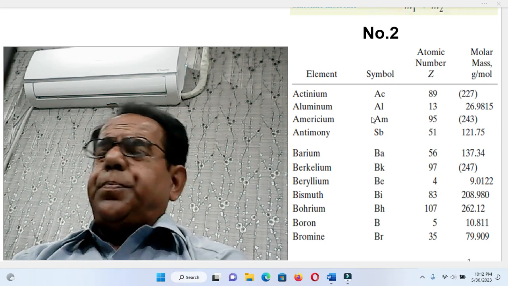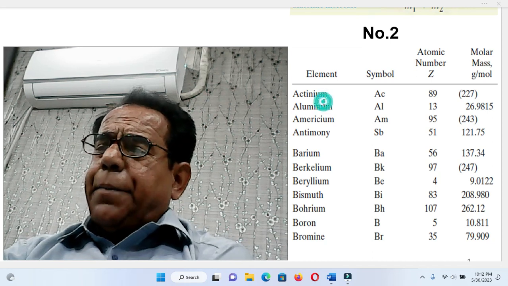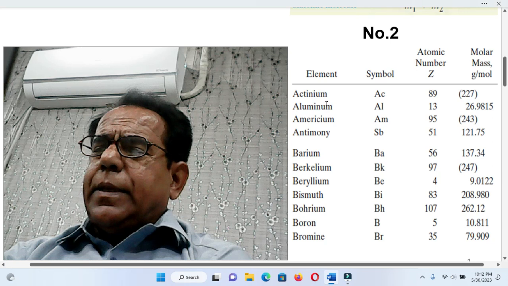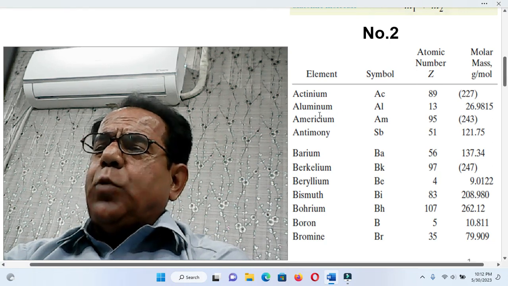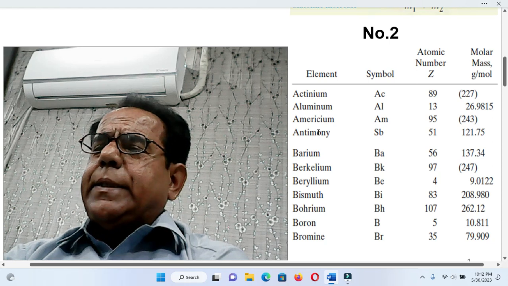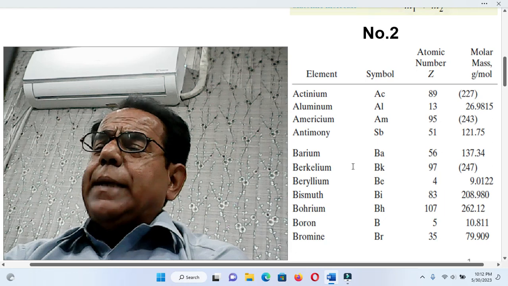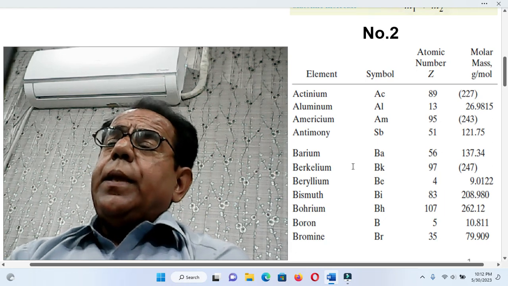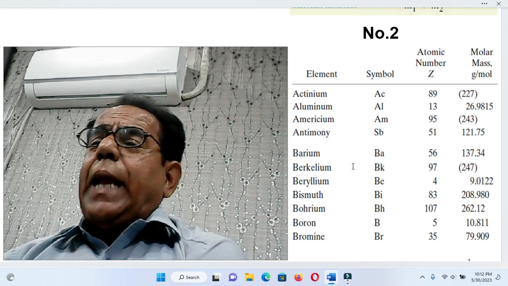So anyhow, this is part A: actinium, aluminium, americium, antimony. Second part deals with the B category of elements which begin with the alphabet B.